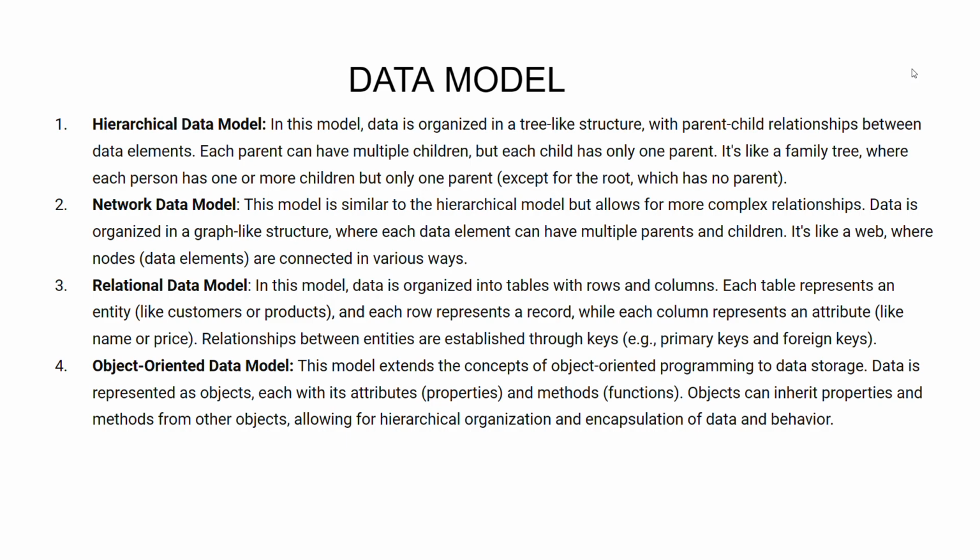For example, first we have clothes, and under this we have the men's category and women's category, and each of them has two types. So it is a parent-child relationship. Mostly these hierarchical data models are not useful in the market and not used in companies.